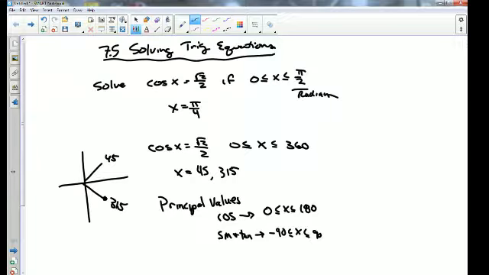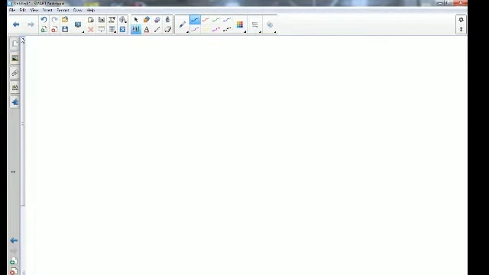Let's step it up a little bit. What if, let's see, solve cosine times tangent equals 1/2, and x is 0 to 180.